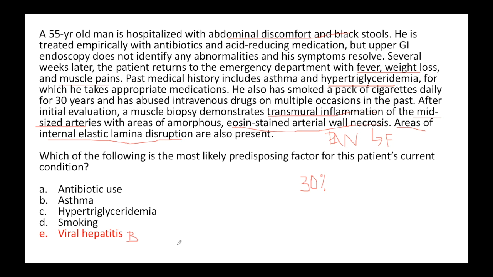Okay, and both of you guessed smoking, and that is associated with which vasculitis?